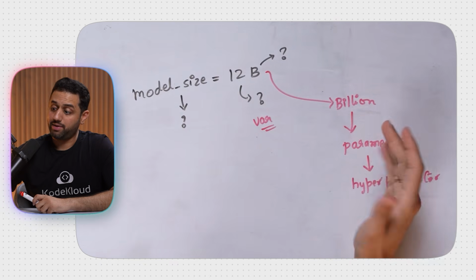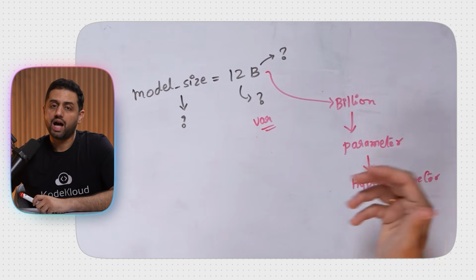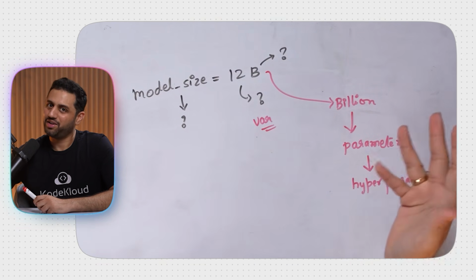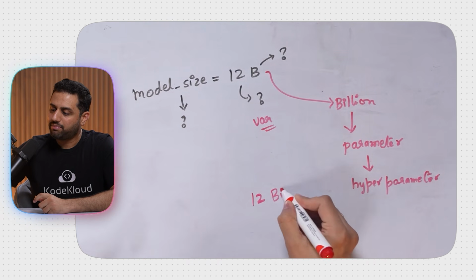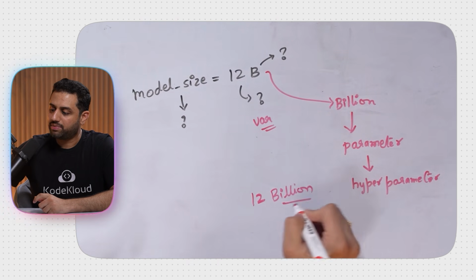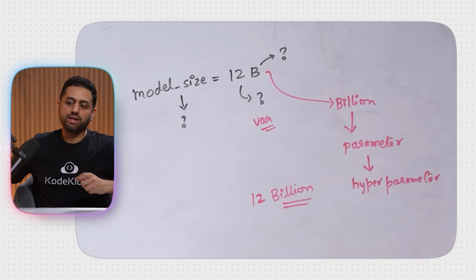Well, you should, because the topmost frontier models have billions of parameters in them. So now we understood what this b means: billions and billions of parameters. How many billions? You took a right guess. That's 12 billion hyperparameters tuned on this given model. That's what 12b here means.